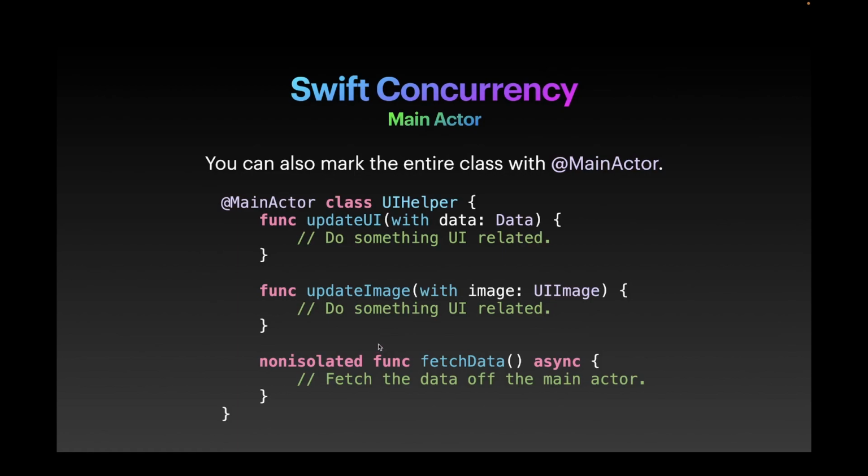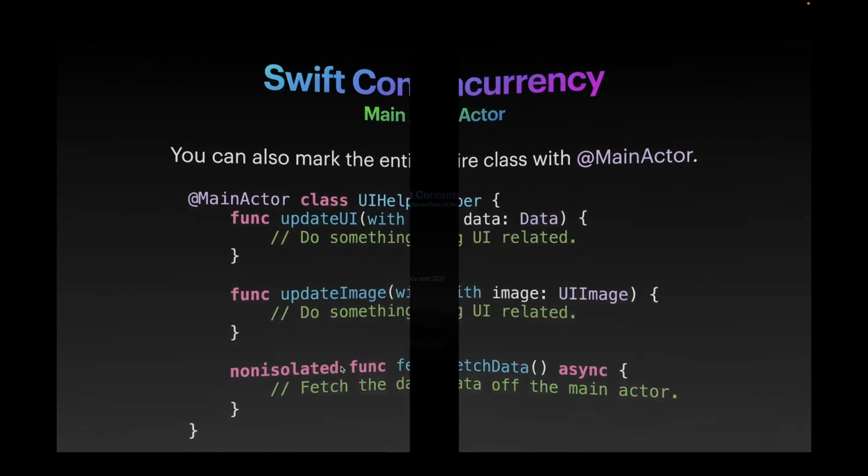In this UIHelper, when we call the update UI or update image function, both functions will run on the main thread because they run on the main actor. However, when we run fetchData, since it's nonisolated, it can be dispatched to some other threads behind the scenes instead of running on the main actor. That's how you use the main actor.